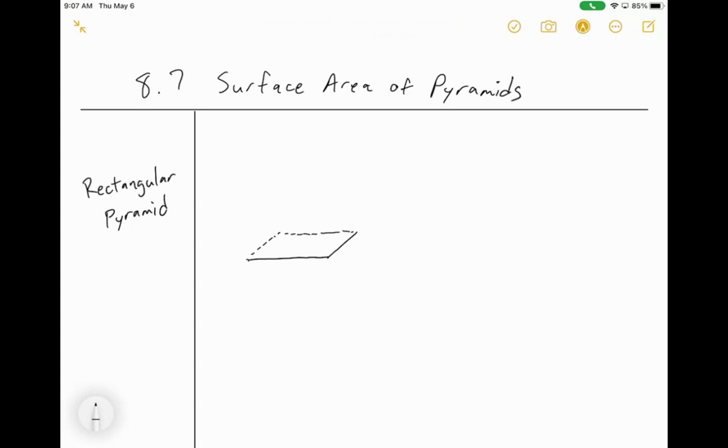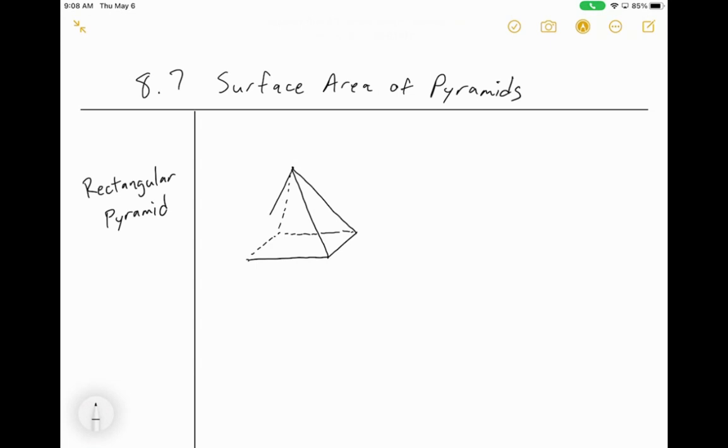Okay, so we start with a parallelogram, then we put a dot on top, and we connect those dots. Ooh, that's a good one.